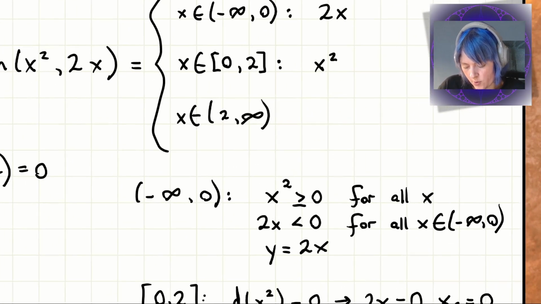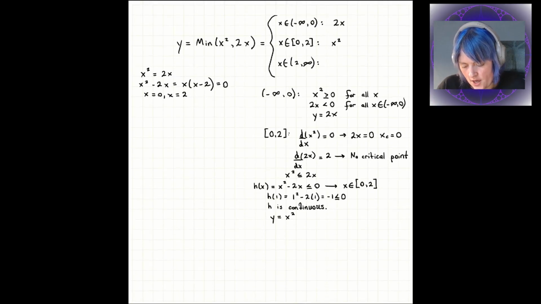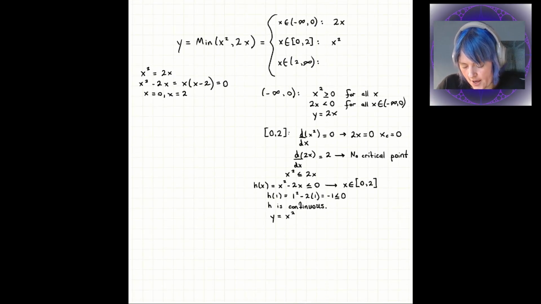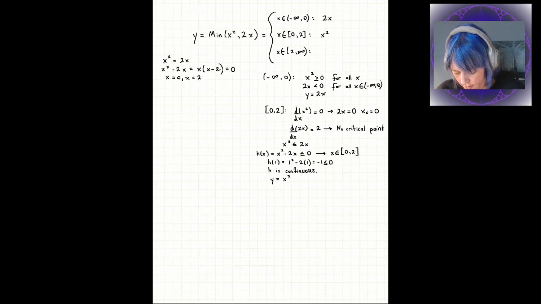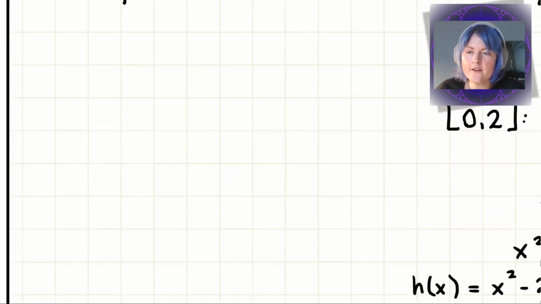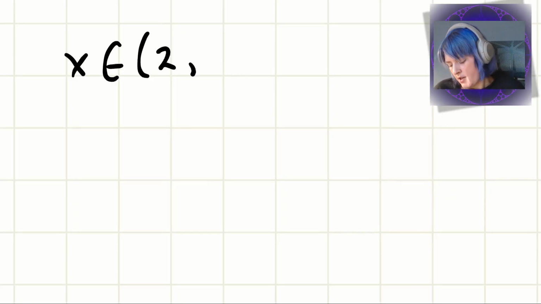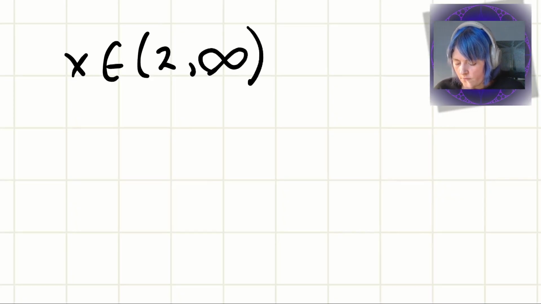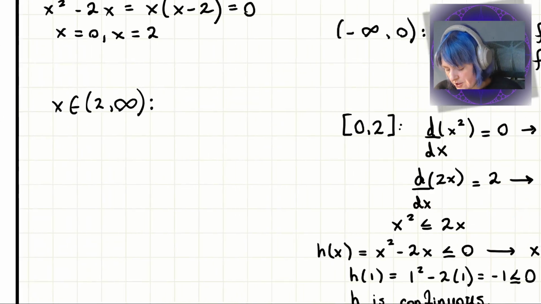So we just have one more interval to check, and that's for x in 2 to infinity. For x in the interval from 2 to infinity, what's our justification going to be here?